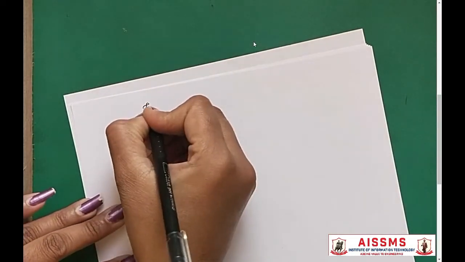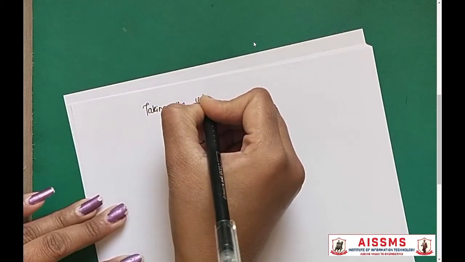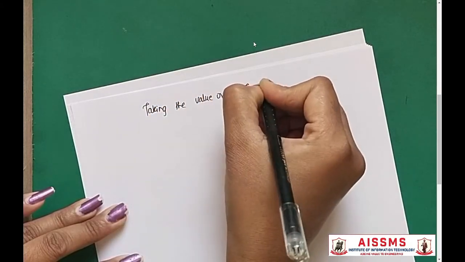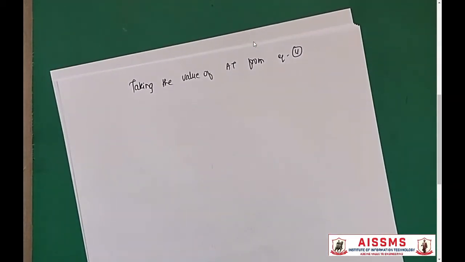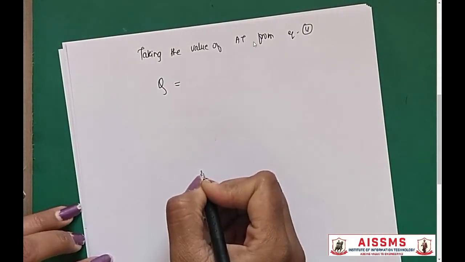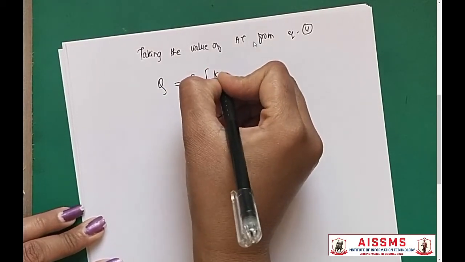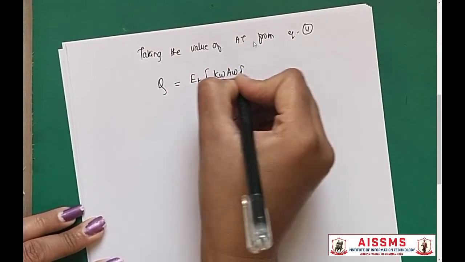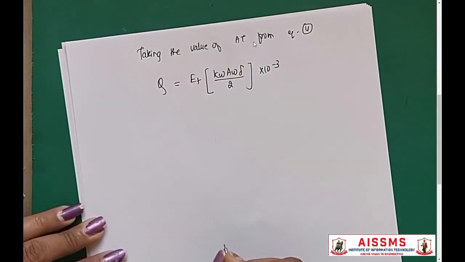Taking the value of AT from equation 4, we can rearrange this equation so that Q is equal to Et Kw Aw delta upon 2 into 10 raised to power minus 3.